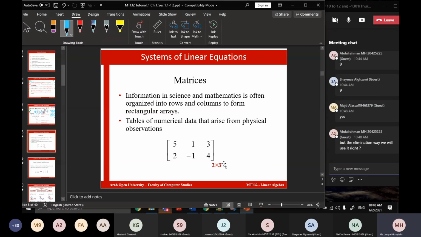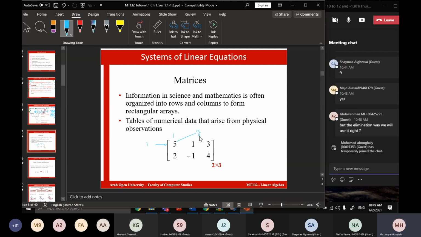So if this is the first row, and this is the first column, correct? So 5 is the element a, which is in the first row, and the first number is for the row, the second is for the column. So which column? The first column, like that. We will use the elimination, but within the matrix.